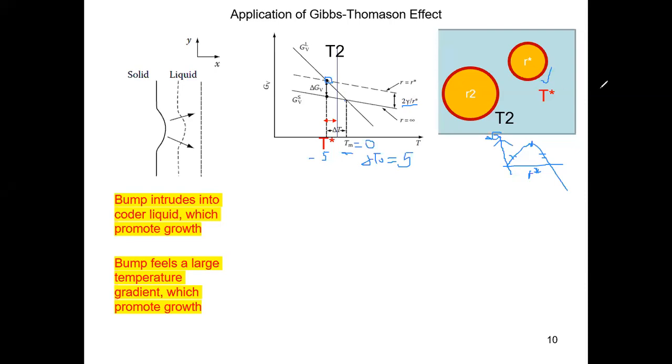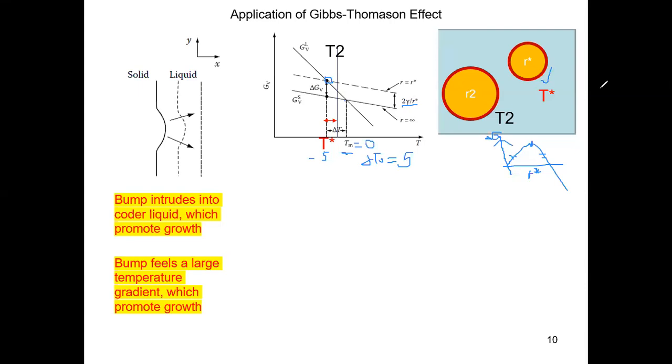No. The melting temperature for this particle is minus 5 degrees, and I set my system's temperature to minus 5 degrees, exactly the same as the melting temperature. So this particle feels no supercooling. It's just critically stable. Does this make sense to everyone?